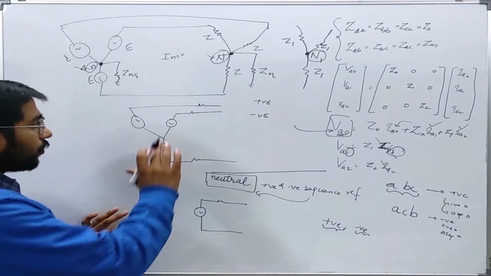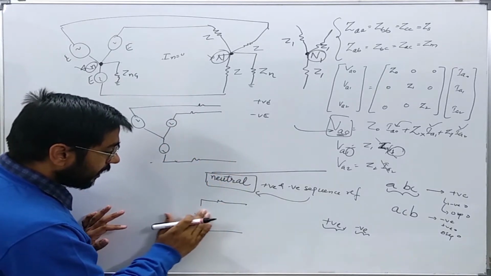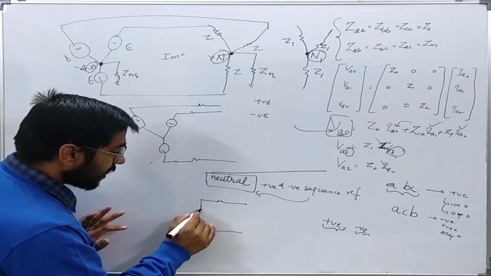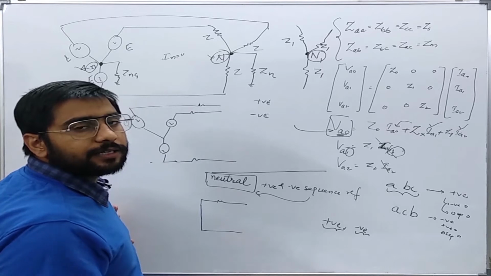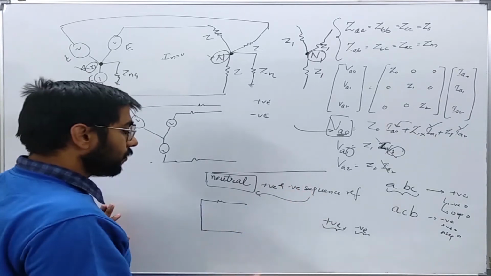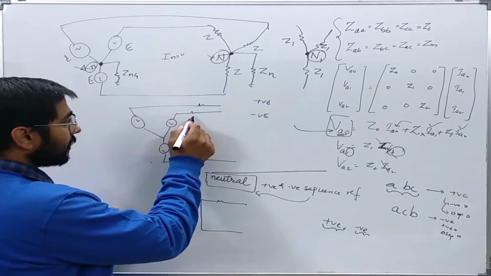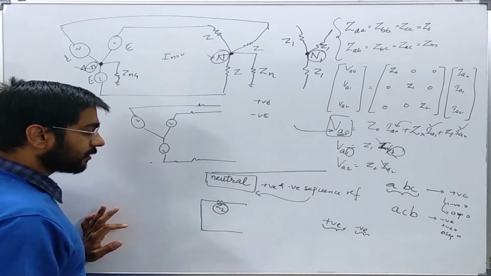Now, to change it to the negative sequence, I will just delete this source, because we are assuming that the sources present in the power system are generating positive sequence symmetrical or balanced voltages. So this impedance will be changed to only the negative sequence impedance.